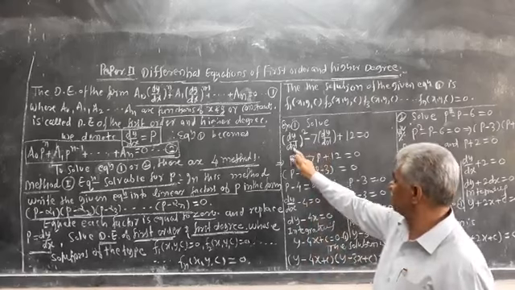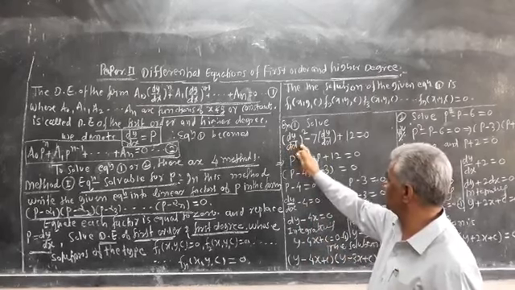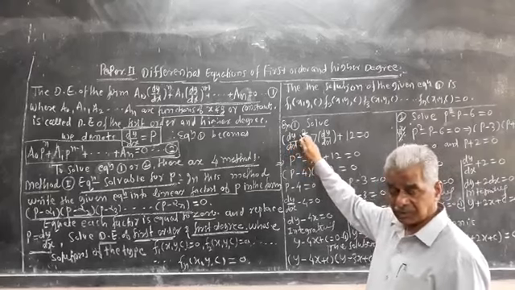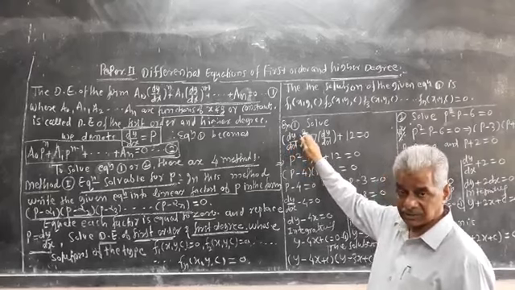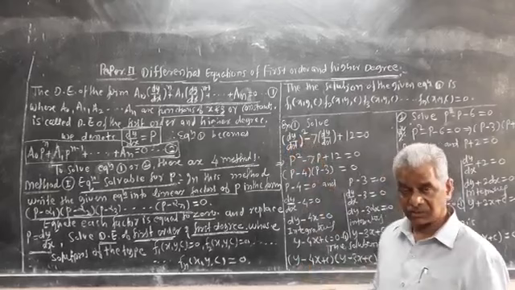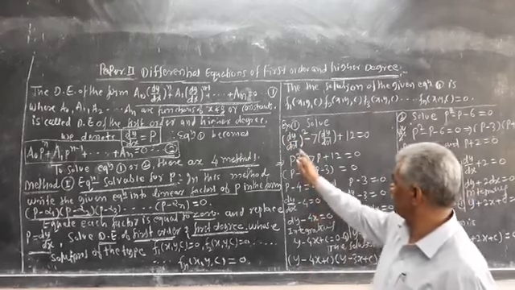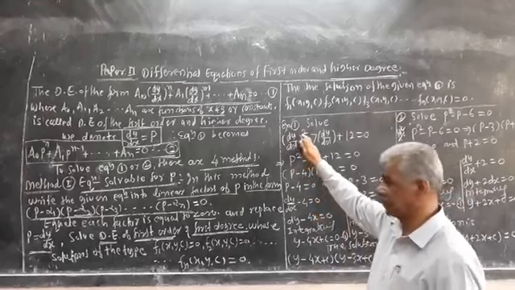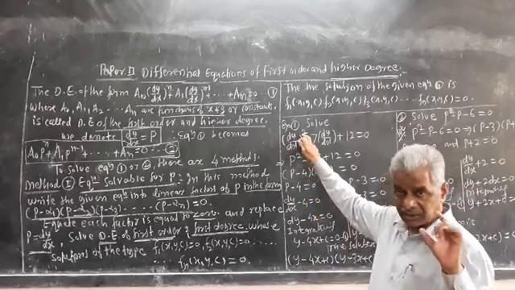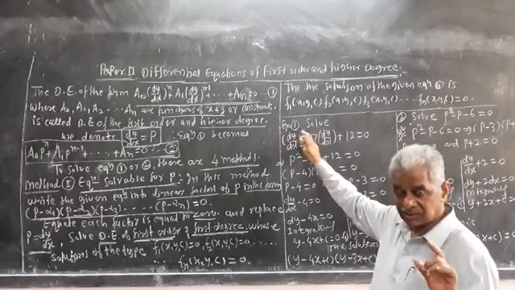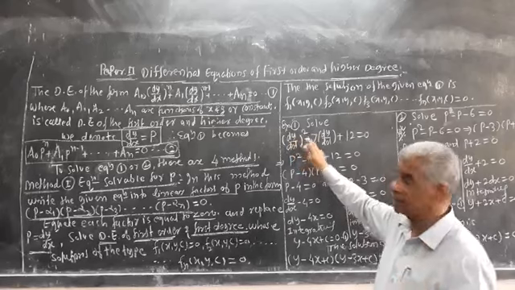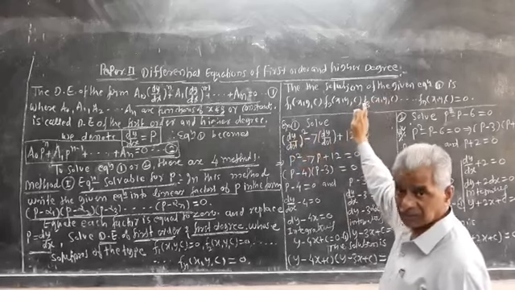No, because the power of dy by dx is 2. It is not of first order and first degree. Here dy by dx has a power greater than 1, and hence it is of first order and higher degree.